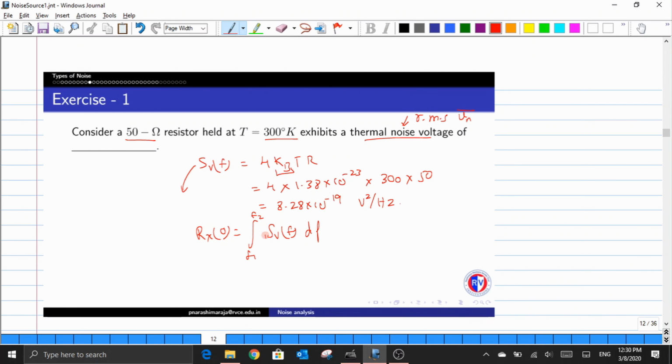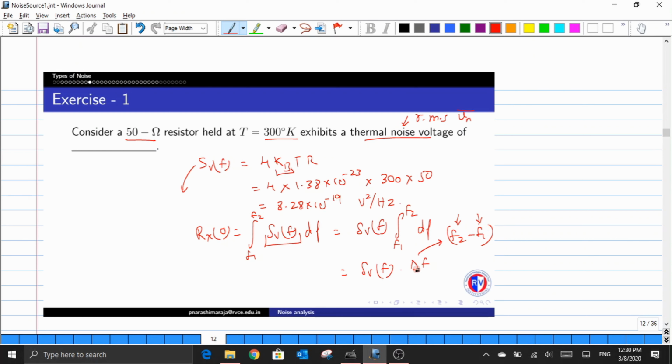Now since the power spectral density is independent of any frequency term, one could pull this power spectral density out of the integral, and when we perform an integral between F1 to F2 with respect to the differential of frequency, one would end up having a value which is S_V(f) into delta F, where delta F is nothing but F2 minus F1.